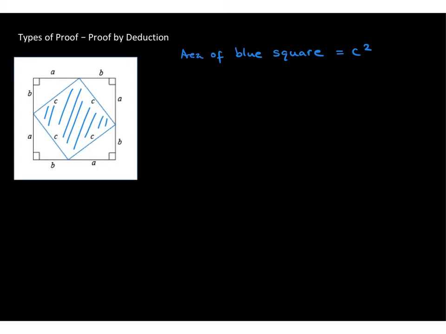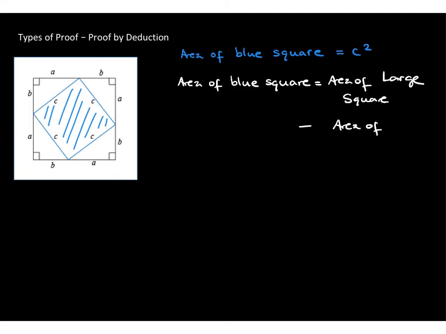But we could also say that the area of the blue square is equal to the area of the large square subtract the area of the 4 right-angled triangles.